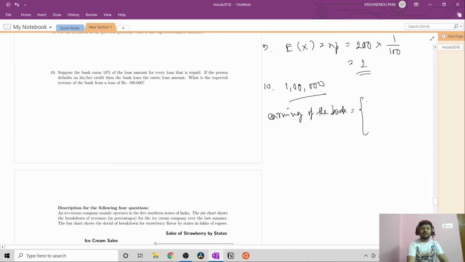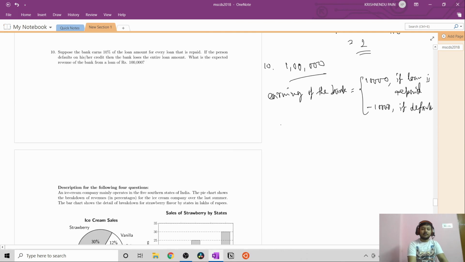So 10% of 1 lakh is 10,000 if the loan is repaid. If this is a default case, then the bank loses the money. So this is minus 10,000 if it is default. For this loan, the probability of defaulting is 1 by 100 and the probability of repaying the loan is 1 minus 1 by 100, so it is 99 by 100.